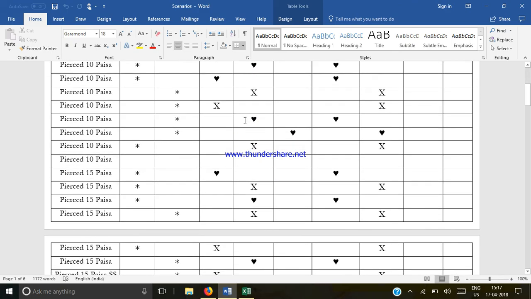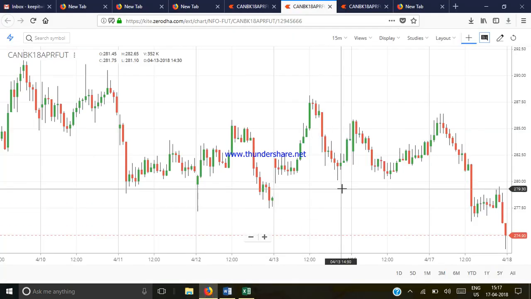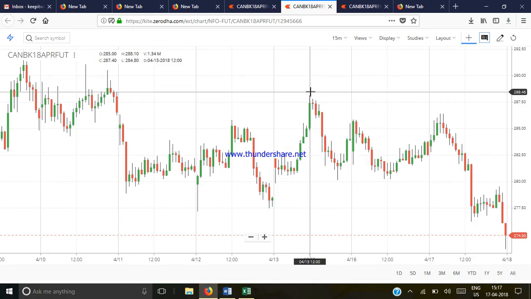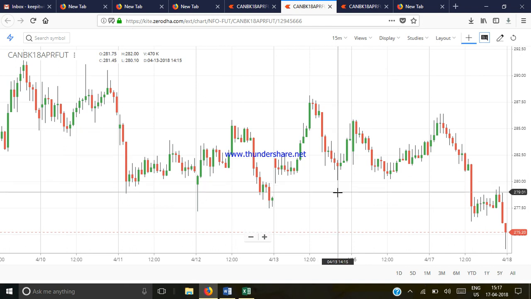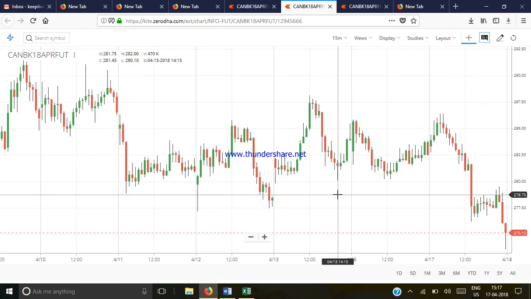The number 15 tells me pierced 15 paisa high above, and it is going to work or not going to work. So this condition and this combination and permutation number I should be able to see right below the fractal here, either here or the high fractal, in the AFL or in the real-time scanner which I needed.